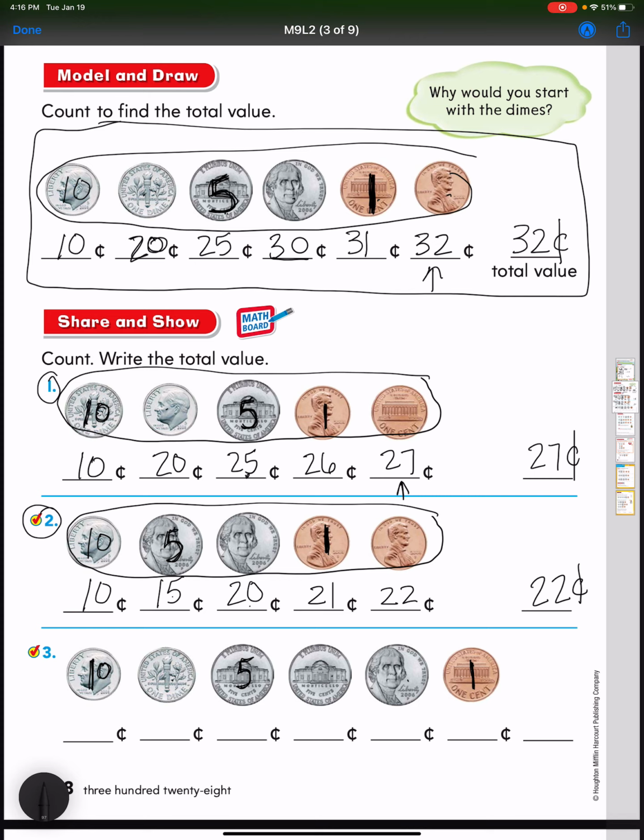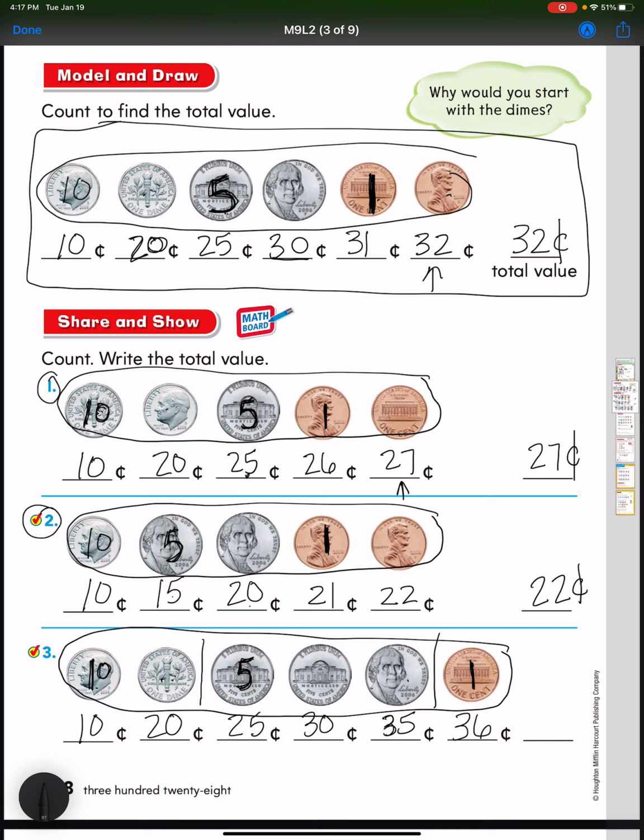So I'm going to count by tens till I get here. 10, 20. Now I'm going to count by fives. So I would say 20, 25, 30, 35, and I'm going to stop because now I'm at a penny. So now I need to count by ones. So I had 35, 36. These coins all together are worth 36 cents. Don't forget your cent symbol. That tells us we're dealing with coins.